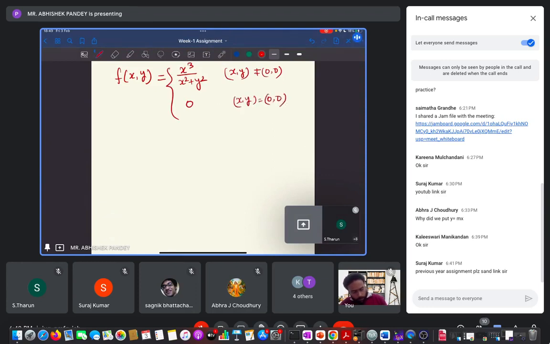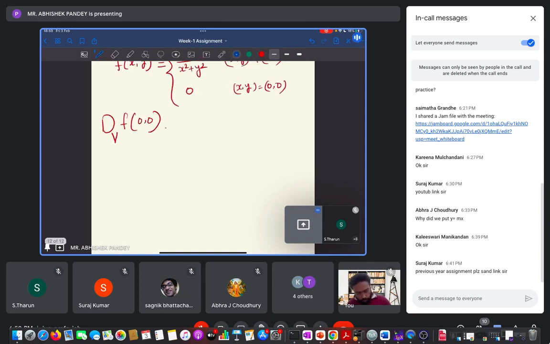Okay, so we need to find the directional derivative of f at 0 comma 0 in the direction v. Let us see in which direction the directional derivative exists, meaning in which direction f is differentiable at 0 comma 0.